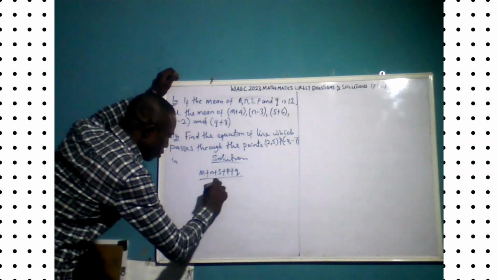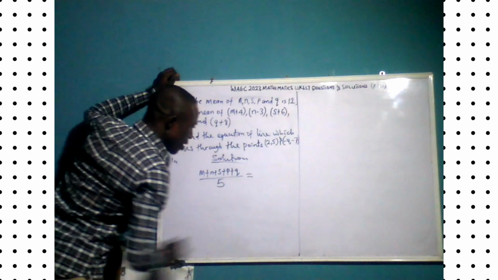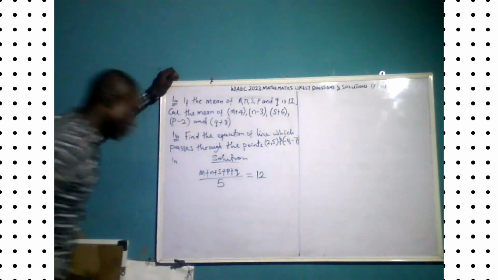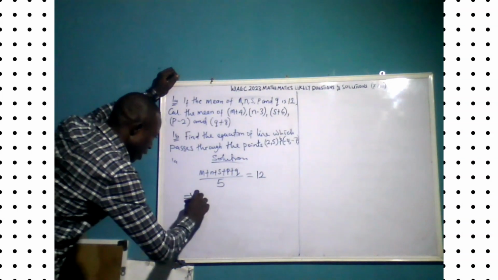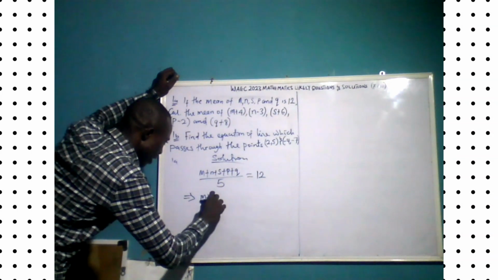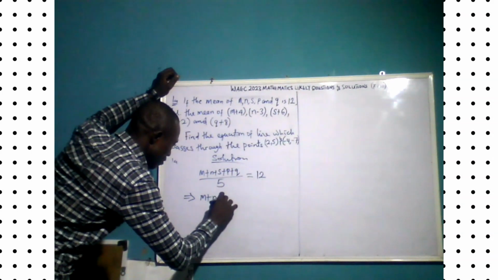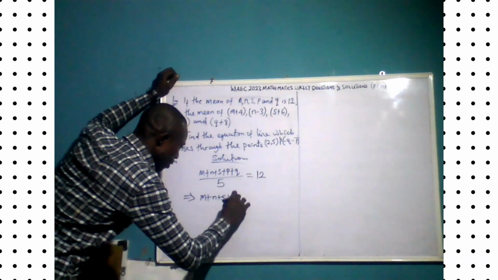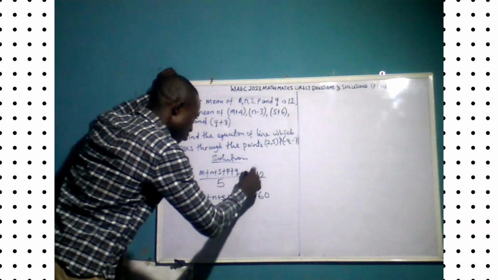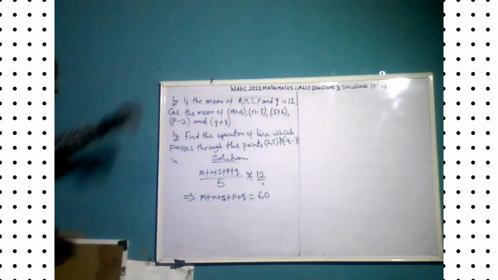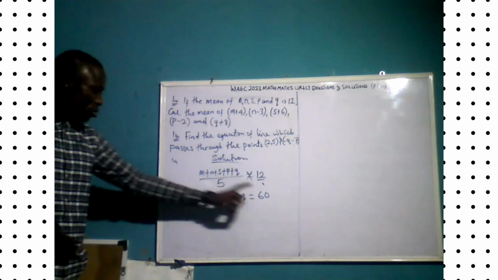Over 5 gives us the mean, which is given as 12. From this we know that m plus n plus s plus p plus q equals 60 if you cross multiply.